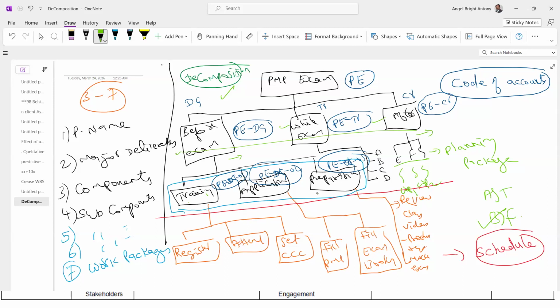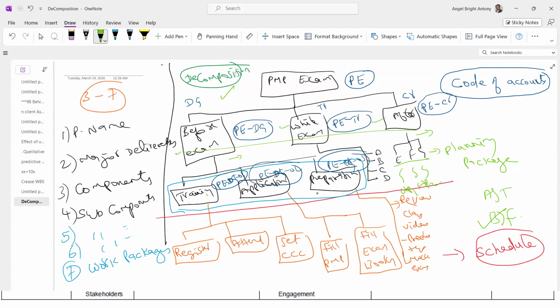Level 2, I can make it the technical work, so civil work, electrical work, mechanical work, etc. Then I can decompose it further. Or name of the project in level 1. Level 2 can be the workflow, say design, tendering, construction, handover, closing. Then I can decompose it further.